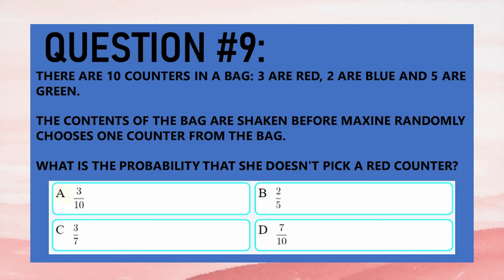Question number 9. There are 10 counters in a bag. 3 are red, 2 are blue, and 5 are green. The contents of the bag are shaken before Maxine randomly chooses one counter from the bag. What is the probability that she doesn't pick a red counter? Letter A, 3/10. Letter B, 2/5. Letter C, 3/7.